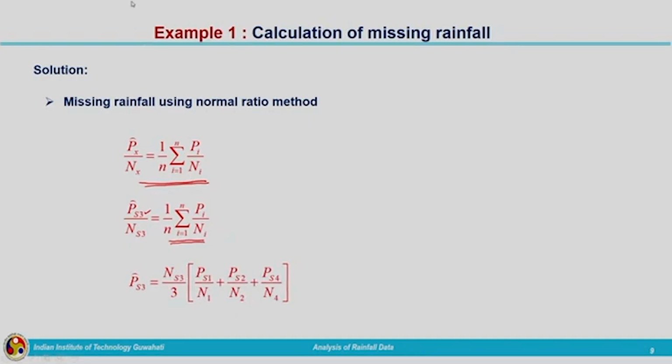Substituting the given values, PS3 is calculated as 796.58 millimeters. So, this is the way in which the missing data can be calculated for a particular station by making use of the annual rainfall data and the normal rainfall data from the neighboring stations.